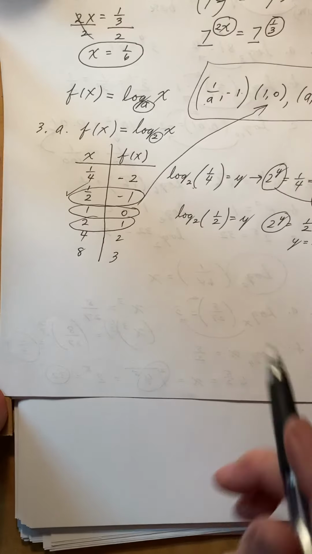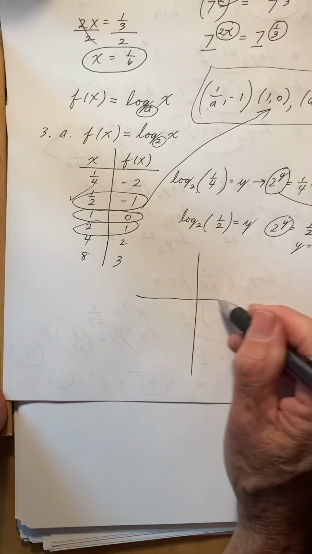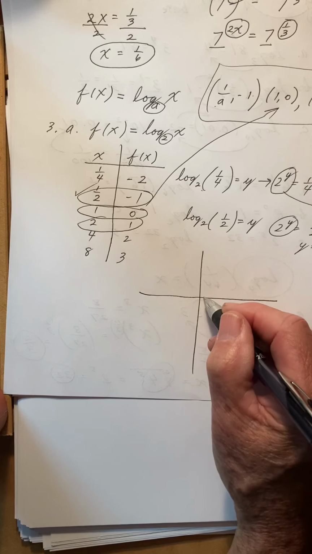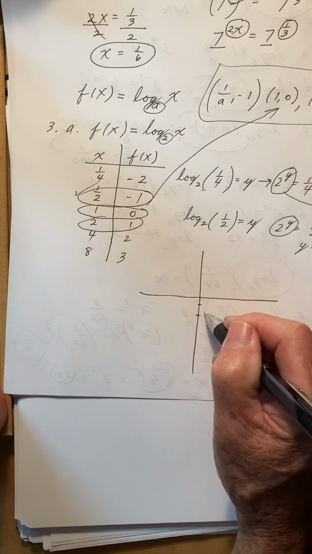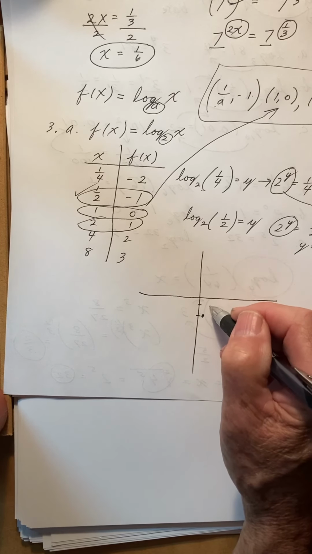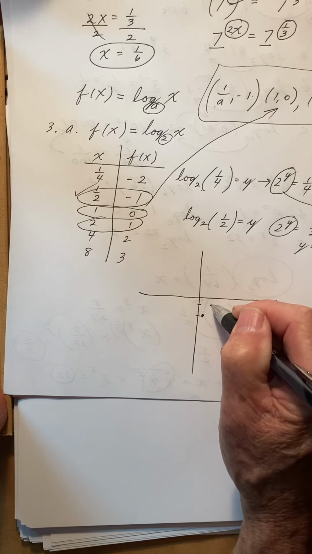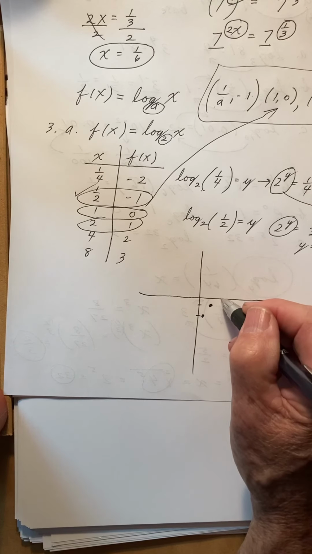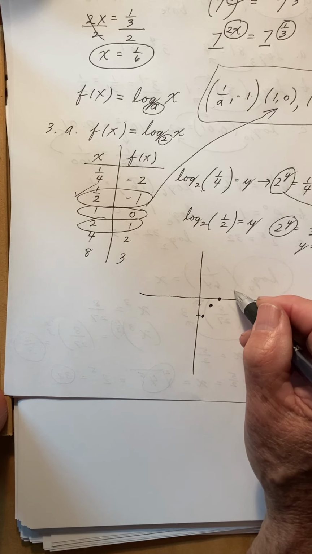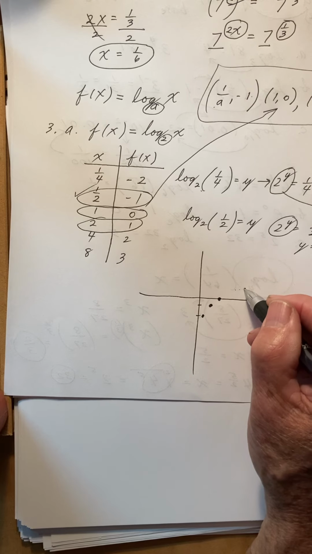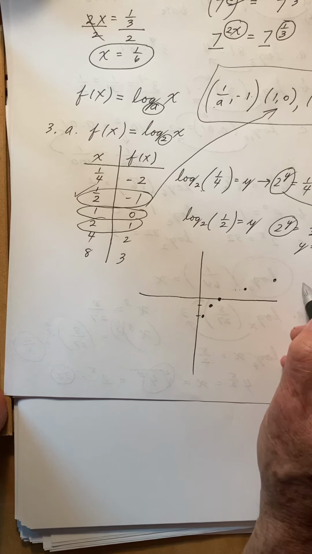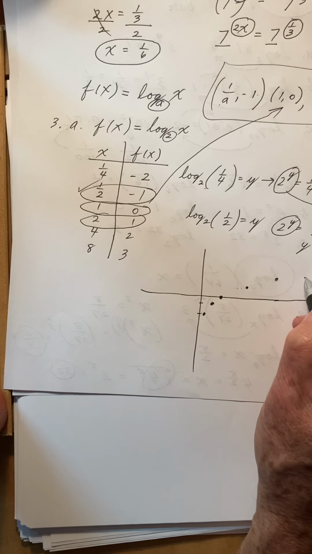If you plot those points on the coordinate system, your graph will look like, let's see, 1/4 and negative 2 would be about right there. 1/2 and negative 1 would be about right there. 1 and 0 is right there. 2 and 1 would be about right there. 4 and 2, and 8 and 3.